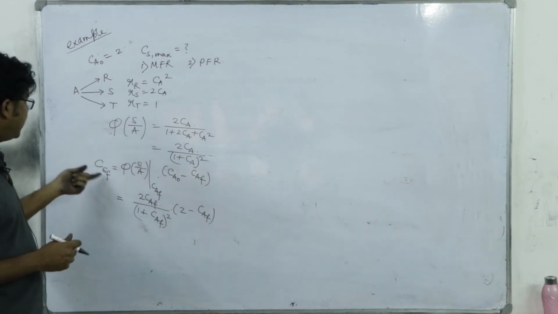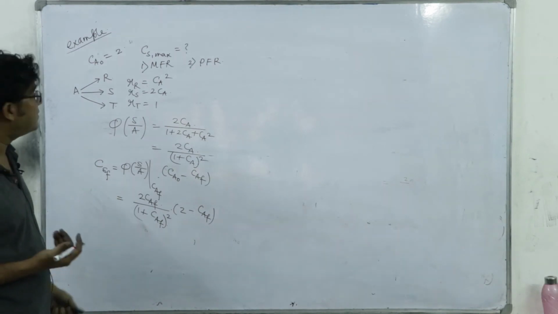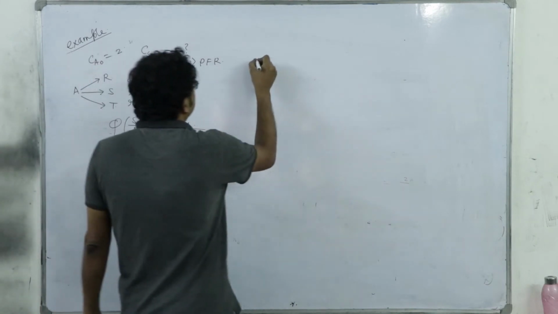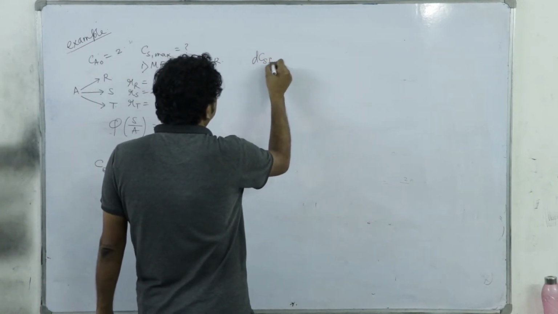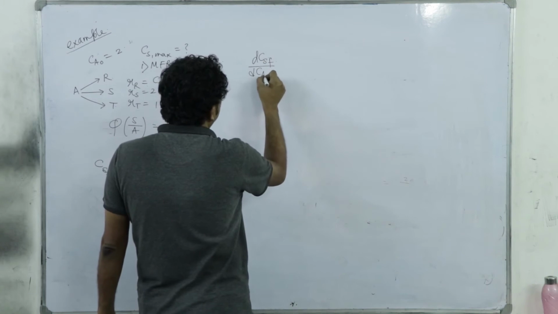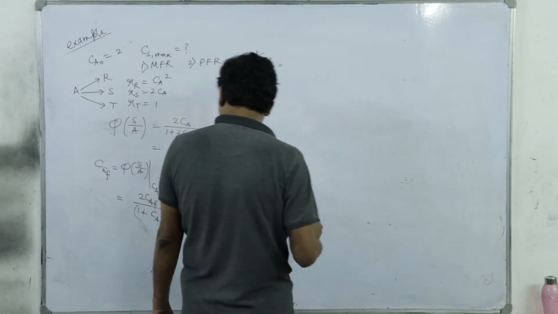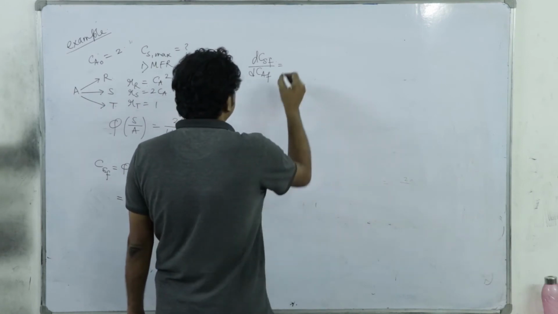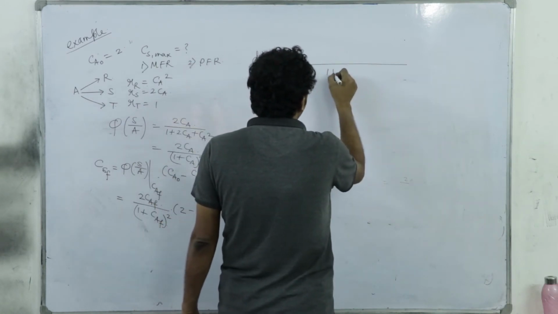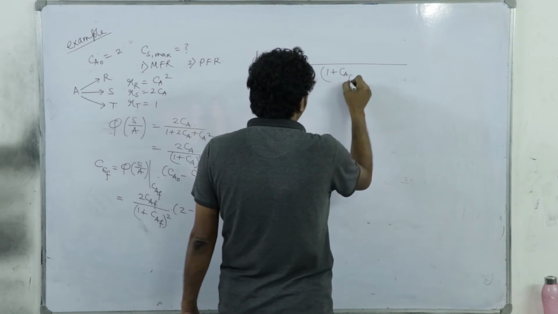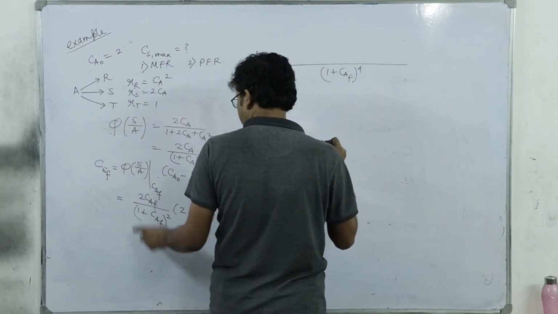So we will take the derivative of CSF with respect to CAF and set it equal to 0. The denominator is (1 plus CAF) to the power 4.